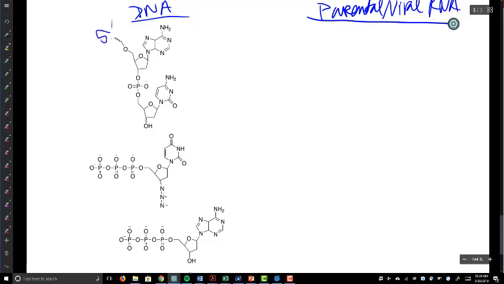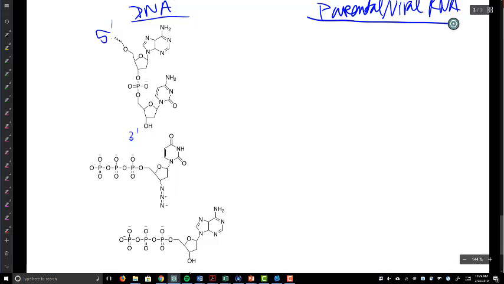3'. So if you got a little confused, remember it's always the 3' hydroxyl and the 5' phosphate. I always remember it by thinking of the 3' hydroxyl hanging off. And so DNA is always going to have the 3' hydroxyl, as is RNA.